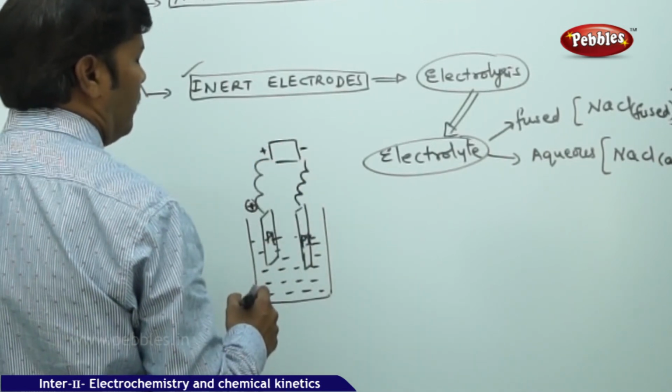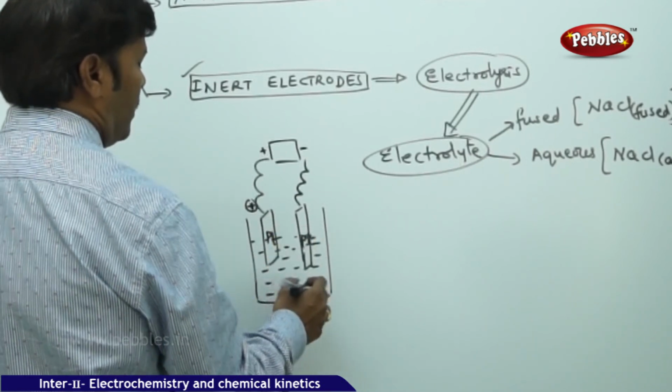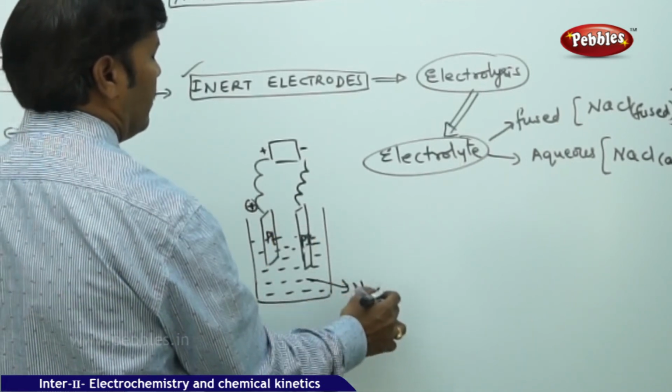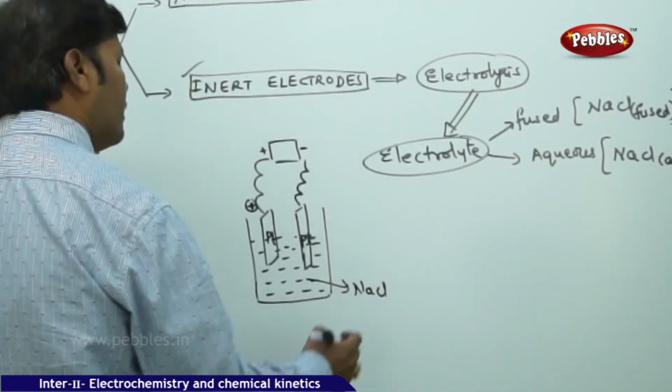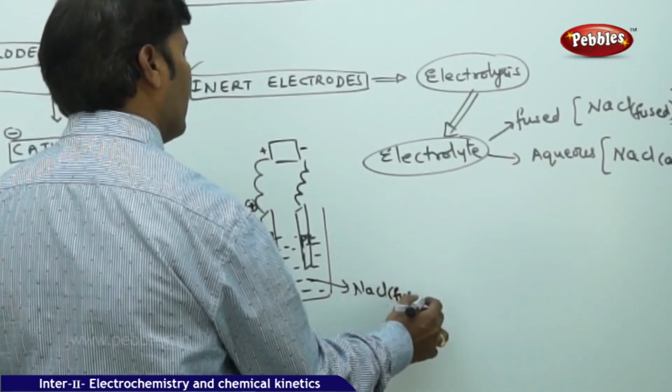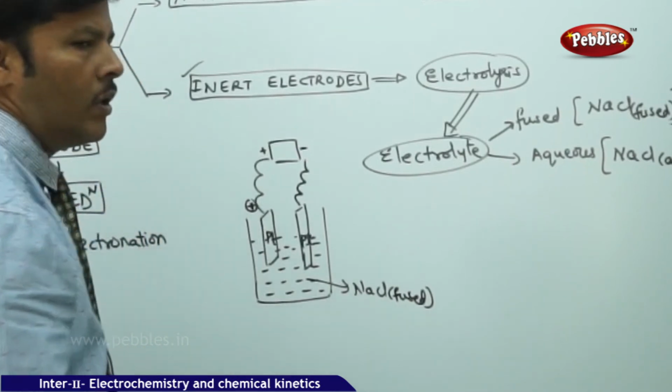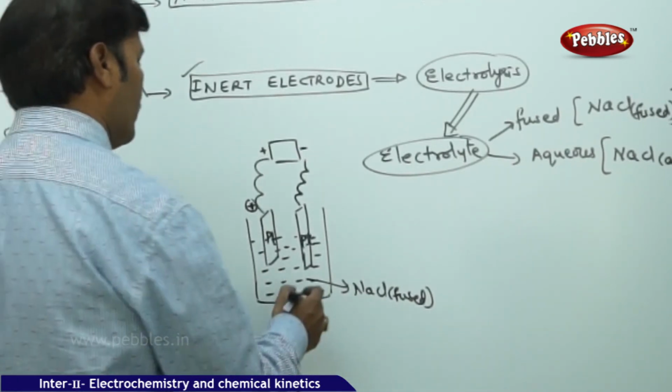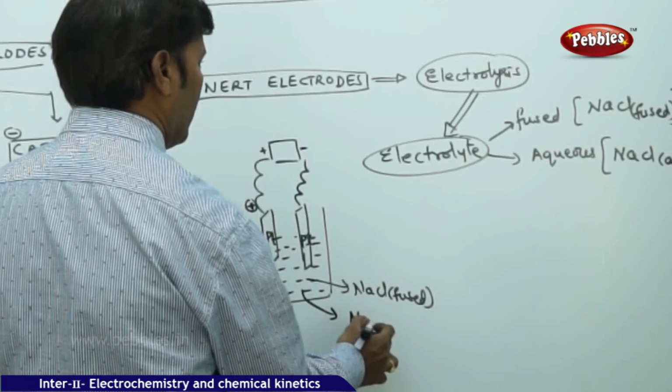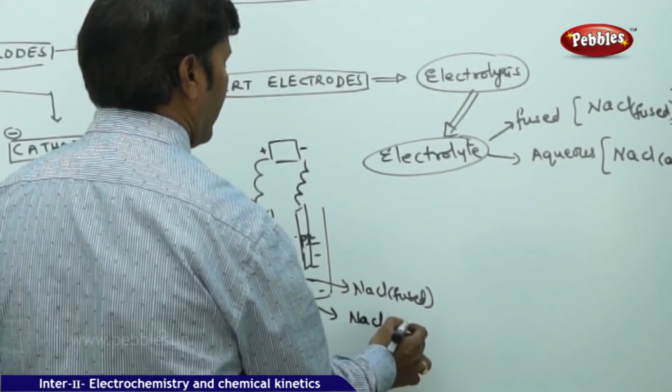Here the electrolyte is NaCl. You can take NaCl fused or you can take NaCl aqueous. It all depends on what kind of electrolyte you are using. With NaCl aqueous, the reactions are different.